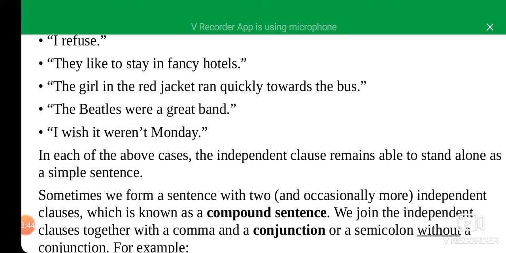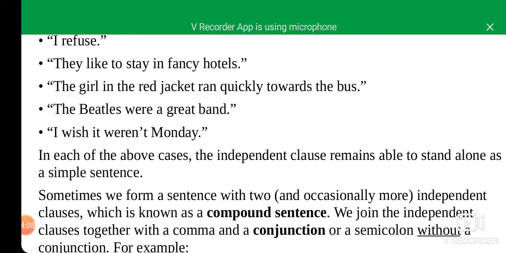The girl in the red jacket ran quickly towards the bus. The girl in the red jacket. In the red jacket is an adjective phrase which gives information about the girl. Ran is a verb, quickly modifies that verb, towards the bus. Towards is a preposition which shows the direction and the bus is a noun.